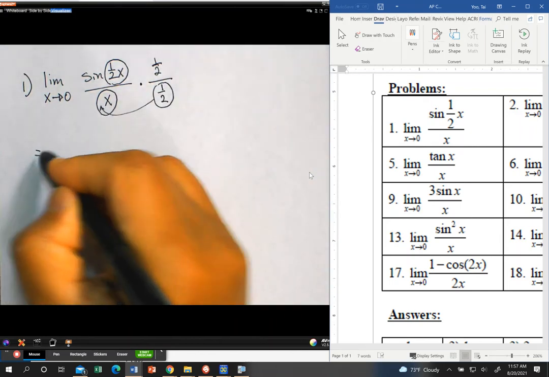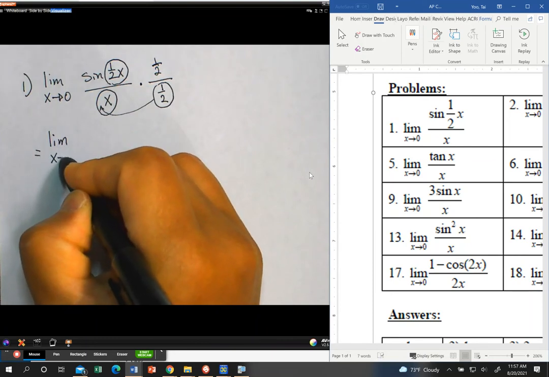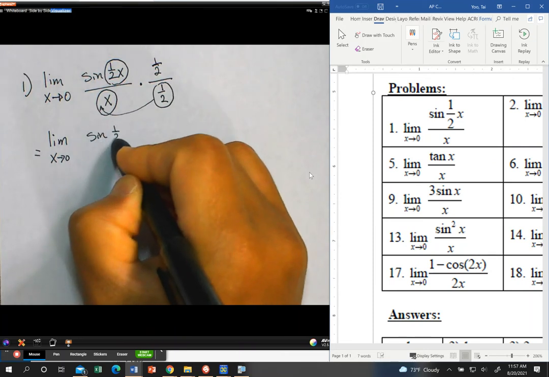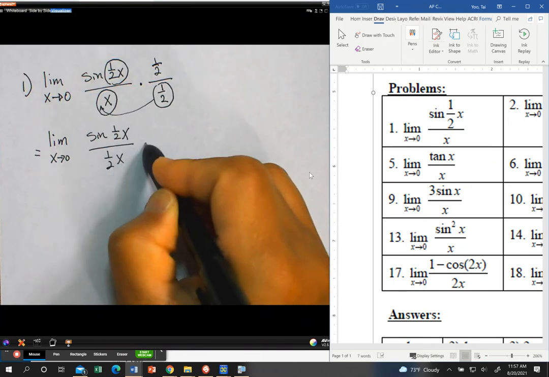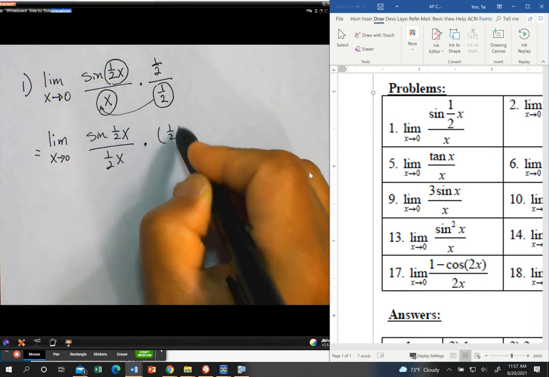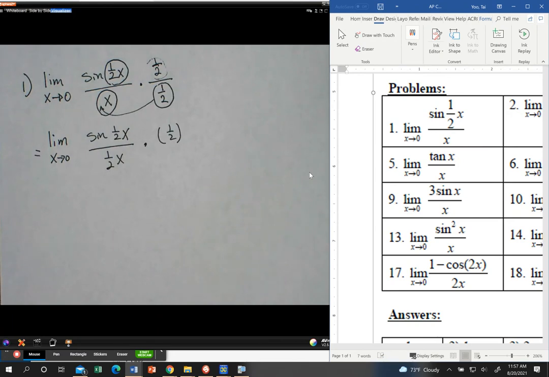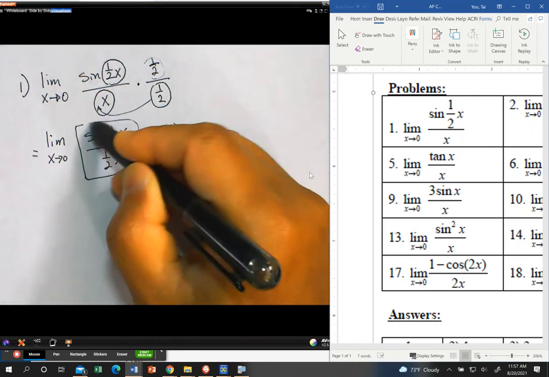So the next line should be, I know this is tedious, but you need to write limit x goes to 0 of sine 1/2 x all over 1/2 x times, we have that extra 1/2 here on the top. Does that make sense? Okay, what was the whole purpose of getting this? So it equals 1.